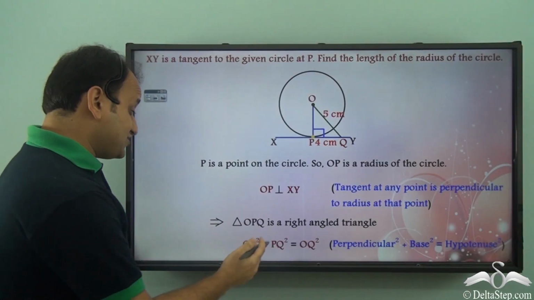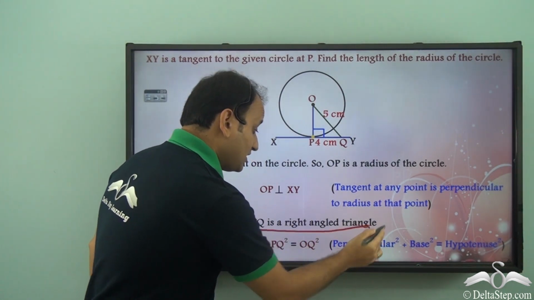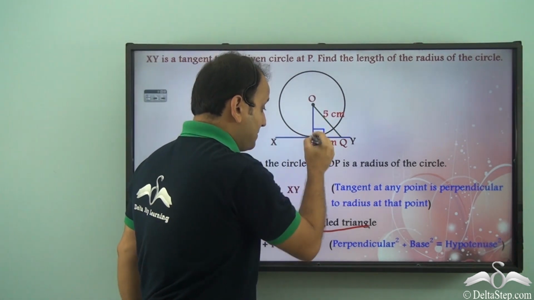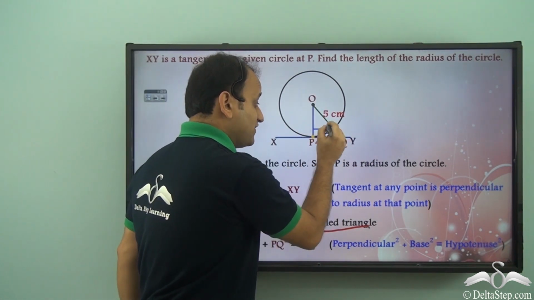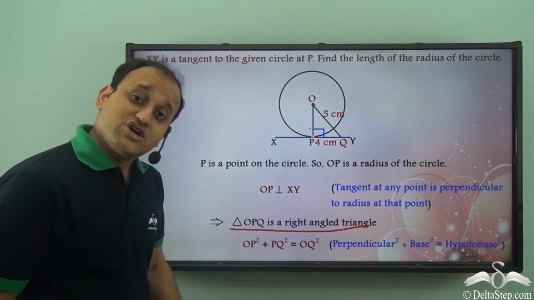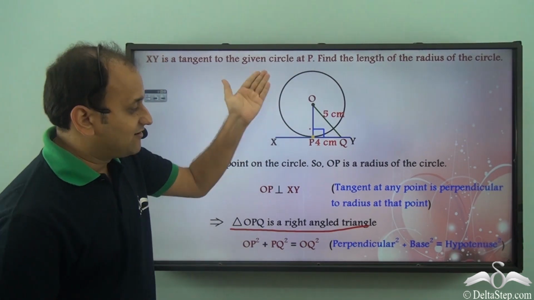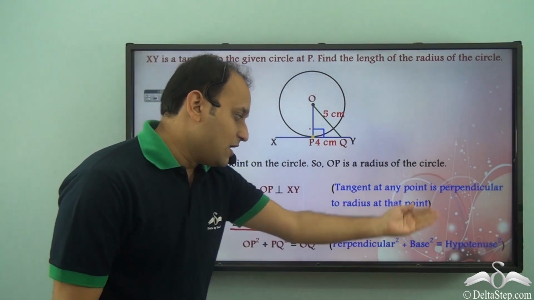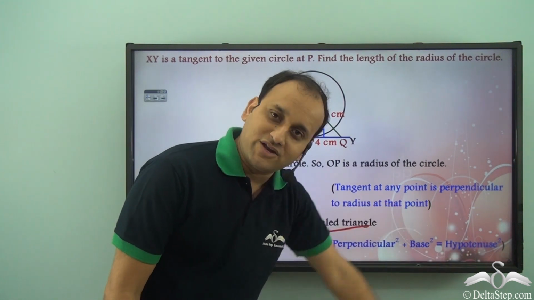So we can say that triangle OPQ is a right angle triangle because OP is perpendicular to xy. So we have a right angle inside this triangle. So this is a right angled triangle. And if we have a right angle triangle, then we know that perpendicular square plus base square is equal to hypotenuse square.